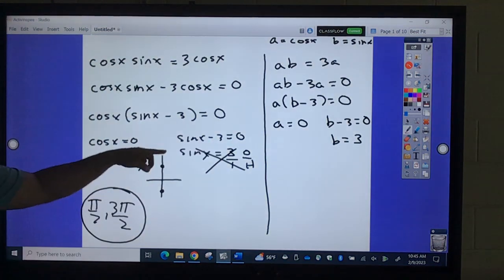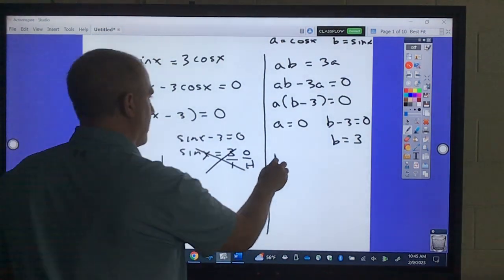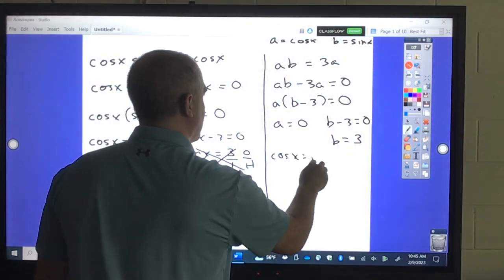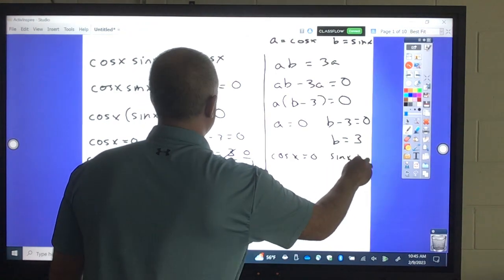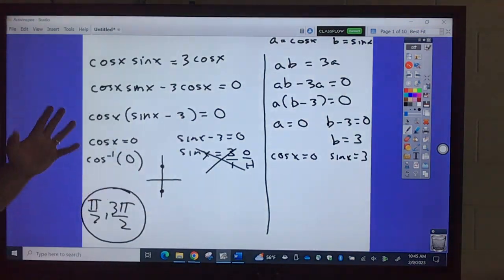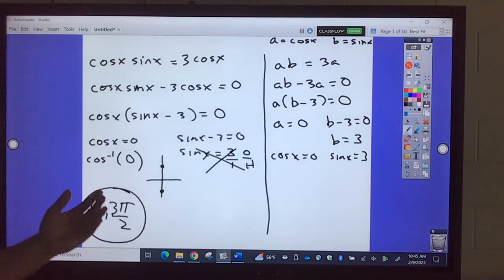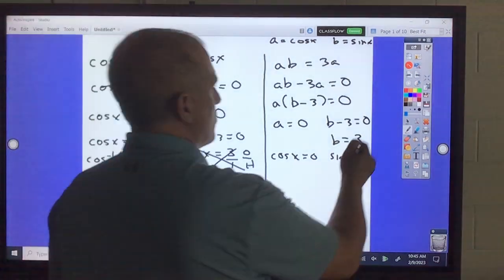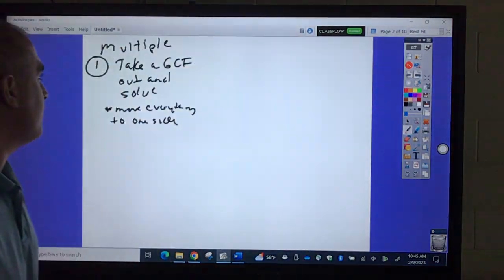And it would have got to the same point, we would have put the trig functions back in. Cosine of x equals 0, sine of x equals 3. So however you want to do it, sometimes these replacements are easier when you just do the trig function, okay?